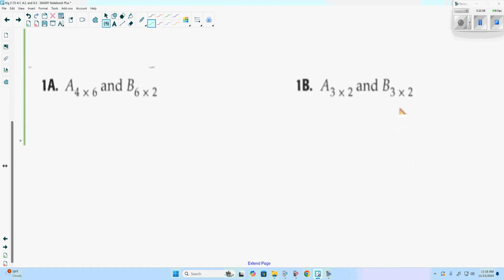Let's look at 1A. Columns, rows are both 6, so yes, we can multiply. And our A times B, our new dimensions would be what? 4 by 2.